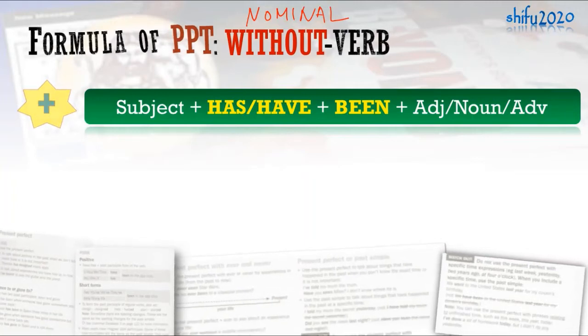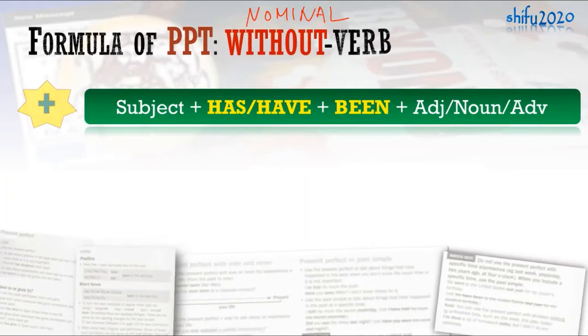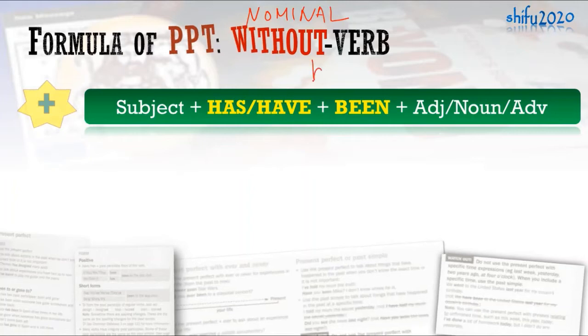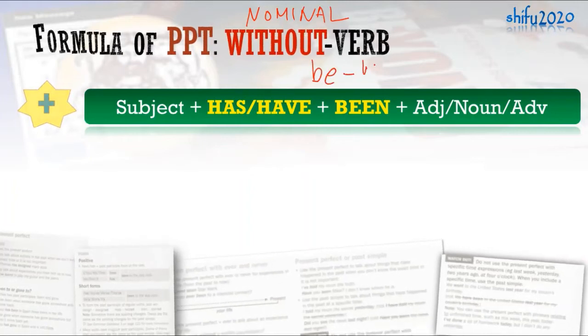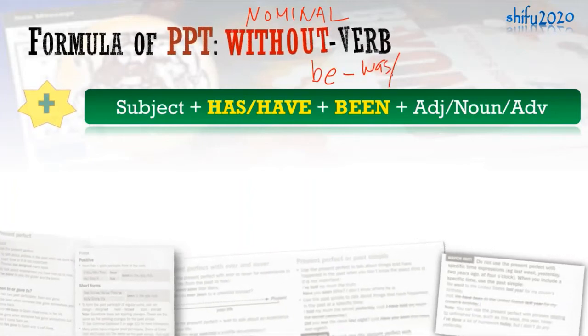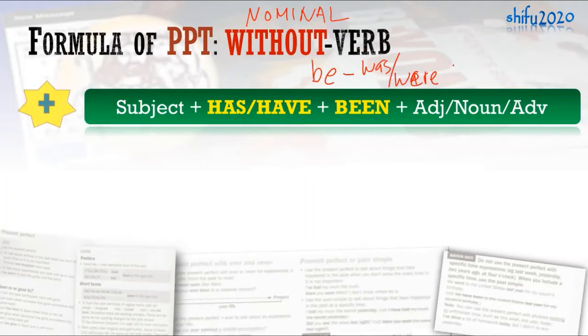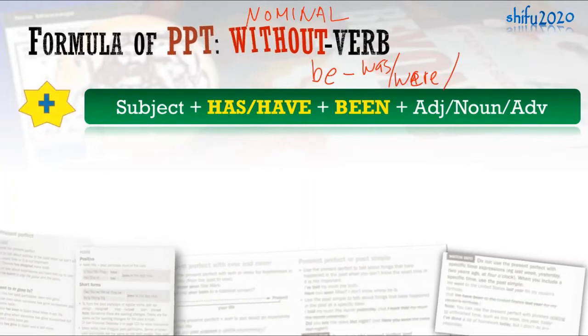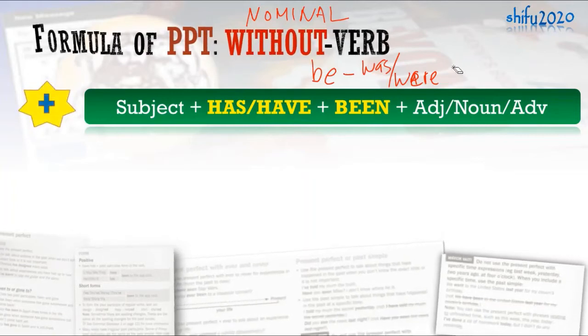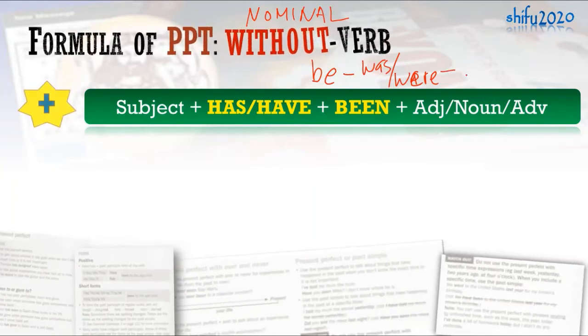Be. And since present perfect tense use verb 3, you have to use the verb 3 of be. So the verb 1 is be, the verb 2 is was or were, and the verb 3 is been.